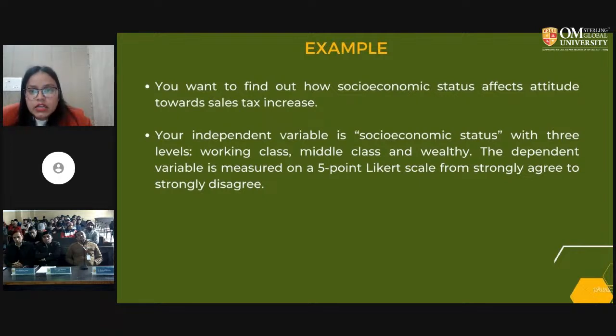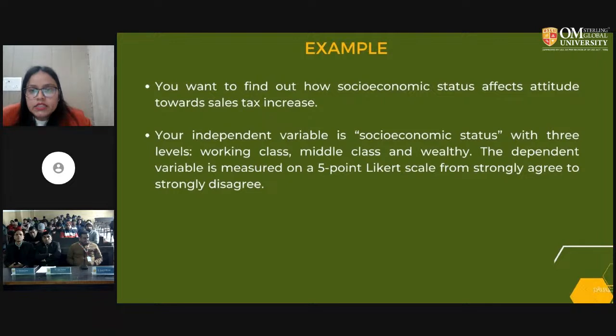Now, the dependent variable is being measured on a 5-point Likert scale, because we are going to study attitude, and attitude is a kind of variable that we cannot study directly. So you have to frame a questionnaire with statements on a 5-point Likert scale, and people have to agree or disagree with a particular statement.